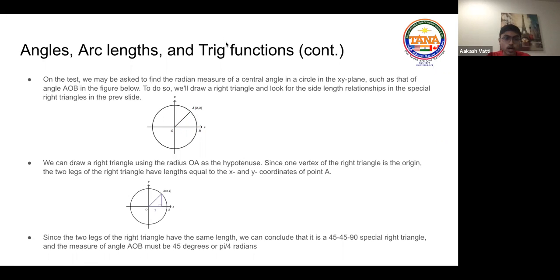To do so, we draw a right triangle using the radius OA as the hypotenuse.